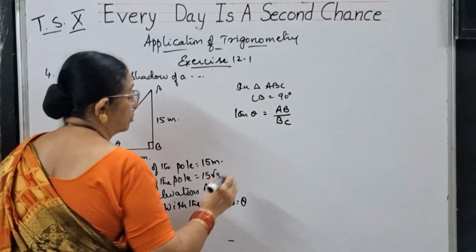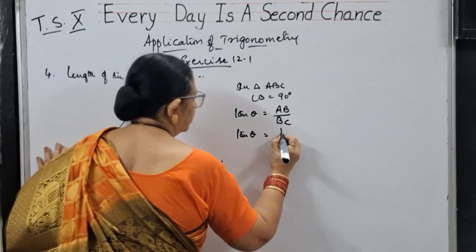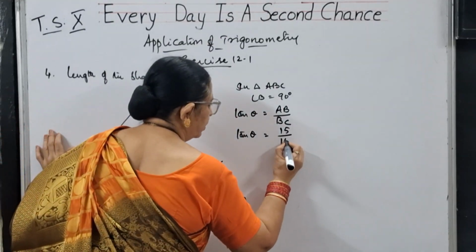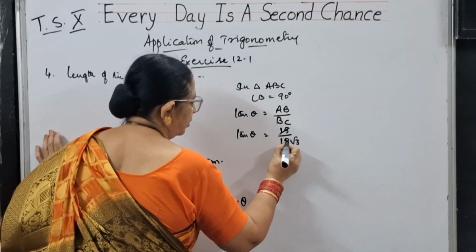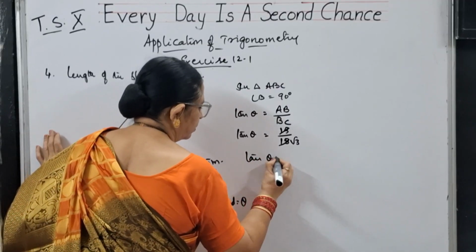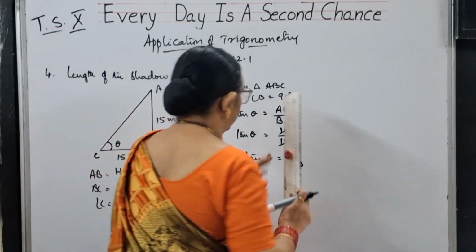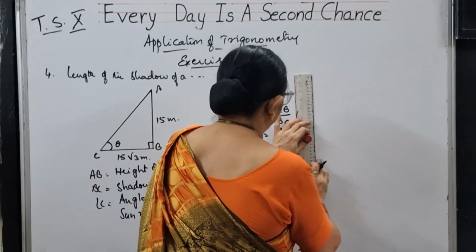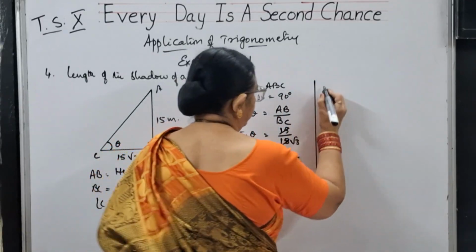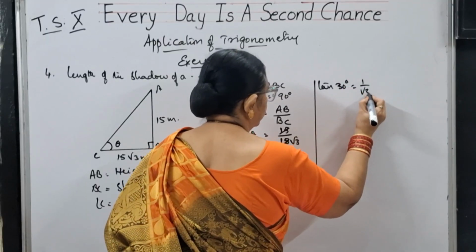AB is 15 and BC is 15 root 3. That means this 15 will get cancelled. So tan theta is 1 by root 3. We know from the table that tan 30 degrees is equal to 1 by root 3.